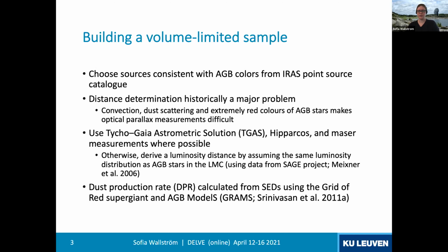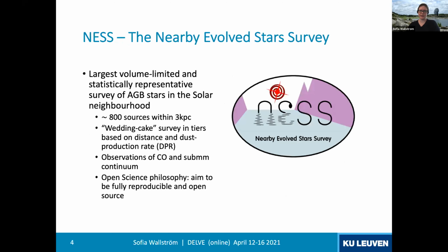So we're hoping this is a more reasonable luminosity average to assume. We also calculate dust production rates from SEDs using the GRAMS models, and then delineate a sample by distance and dust production rate. So altogether, this makes NESS, the Nearby Evolved Star Survey, the largest volume limited and statistically representative survey of AGB stars in the solar neighborhood.